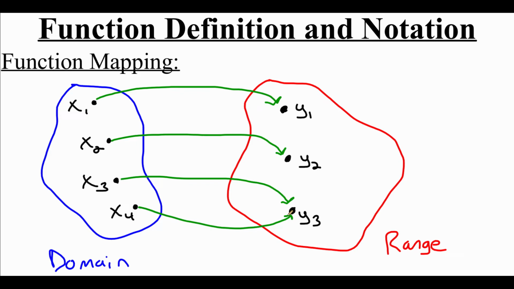So what we can see here is that each x value is matched up with a specific y value. Now if we look, x3 and x4 are each matched up with the same y value, but that's okay. The only thing that would not be okay is if we had one specific x value being mapped out to two different y values. So this mapping does represent a function.